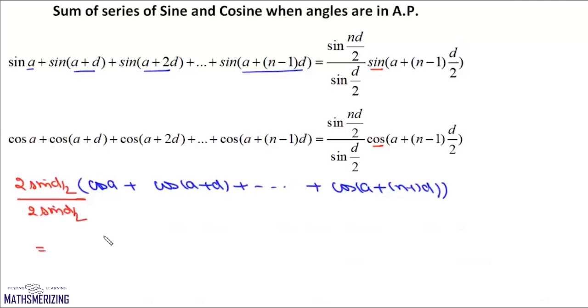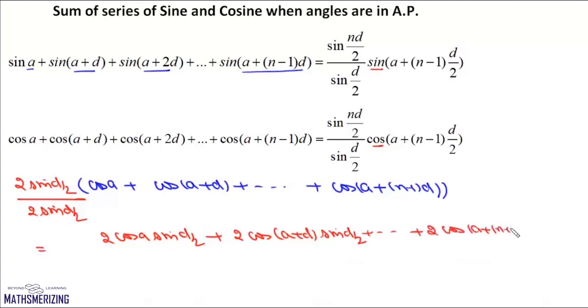So we can write this as 2 cos A into sine d by 2 plus 2 cos A plus D sine d by 2, and it'll go all the way up to 2 cos A plus n minus 1D into sine d by 2, whole into 1 upon 2 sine d by 2.